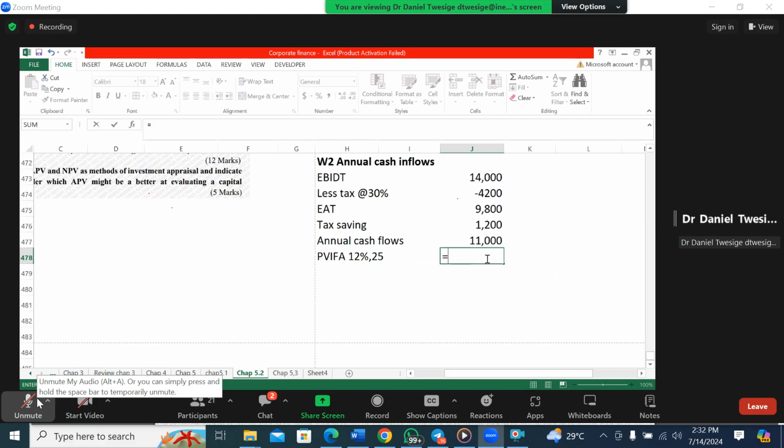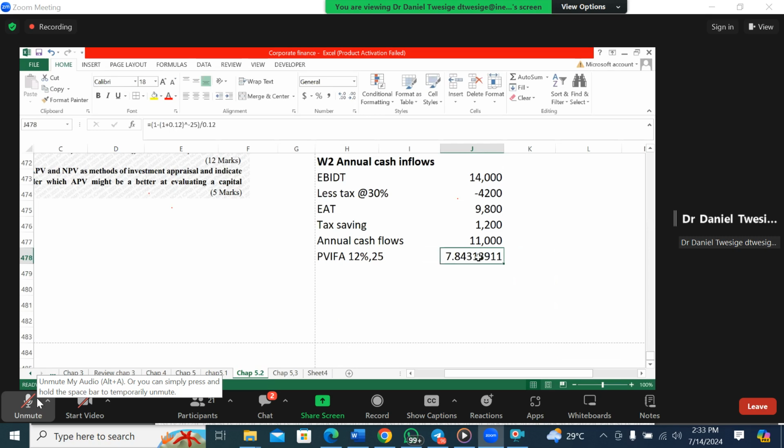So I'm going to put in the formula: 1 minus (1 plus 0.12) power minus 25, divided by 0.12.